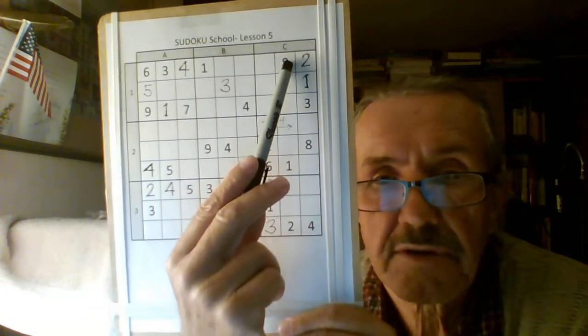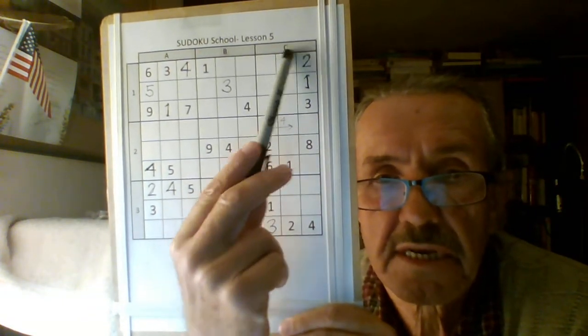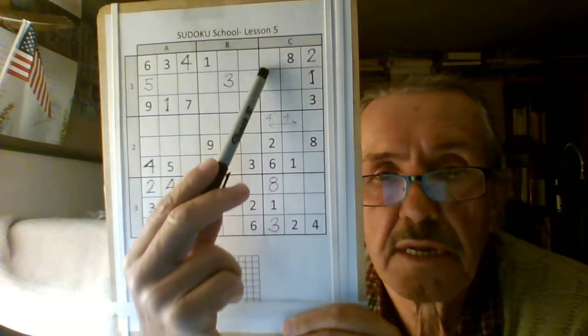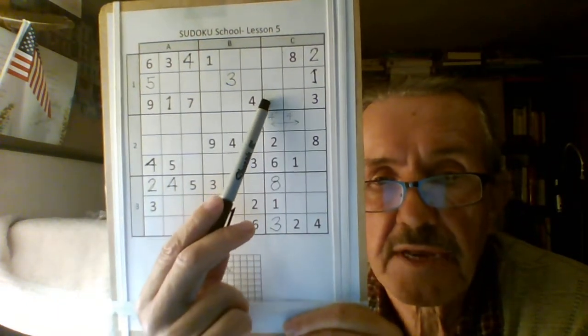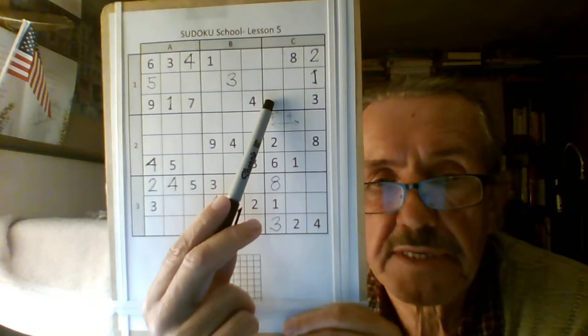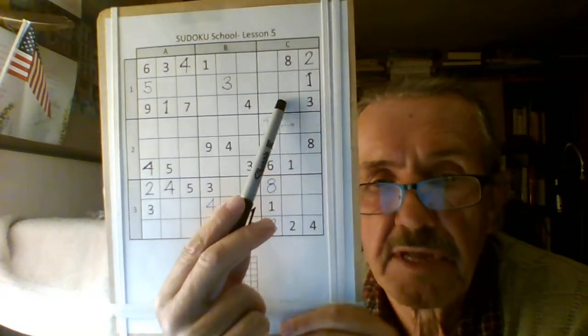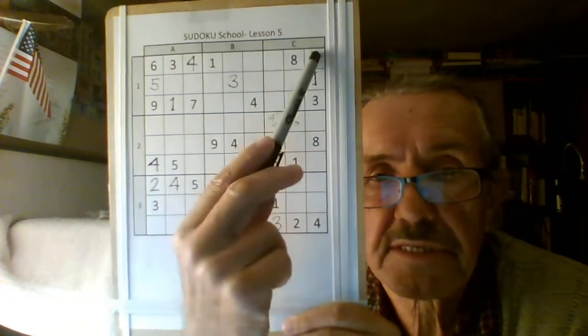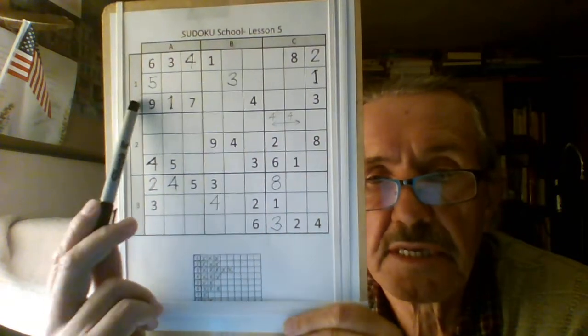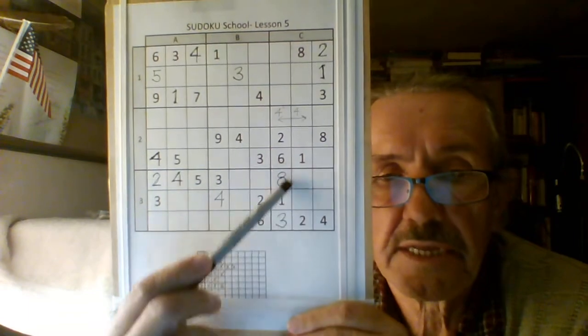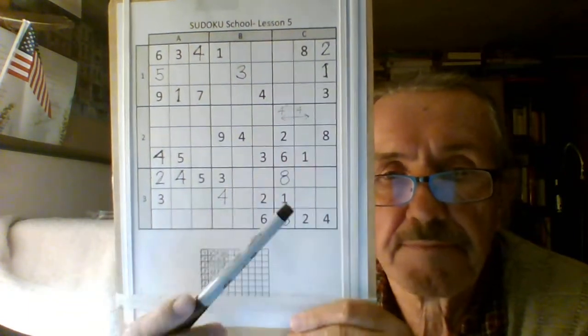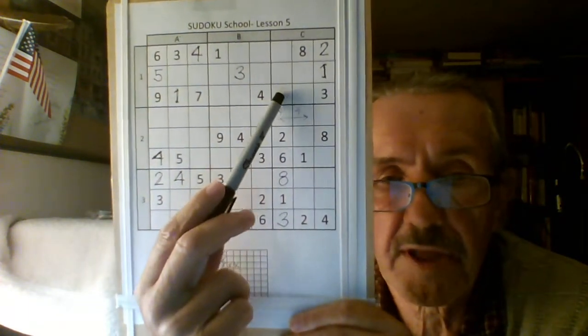Number 8 already exists in this square. And number 9 already exists in this row. There is one available space, and it is for number 5, which doesn't exist in this square, doesn't exist in this row, and doesn't exist in this column.